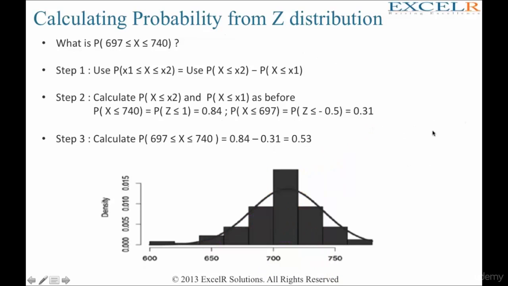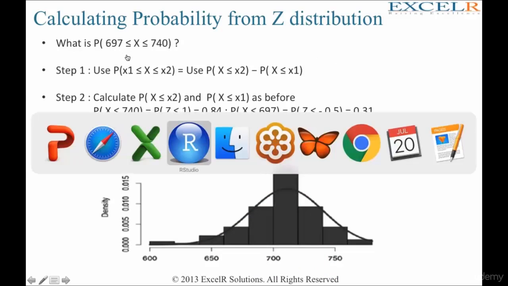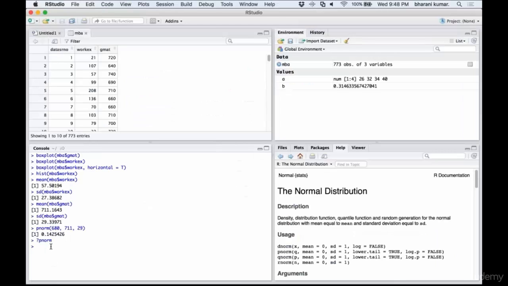This is how your standard normal distribution, or the z distribution, will help you calculate the probability values using a standard technique. If you want to calculate for 740 and 697 using R, it is a simple formula once again. So it is pnorm of 740, 711, 29. 711 and 29 are already given to you all.